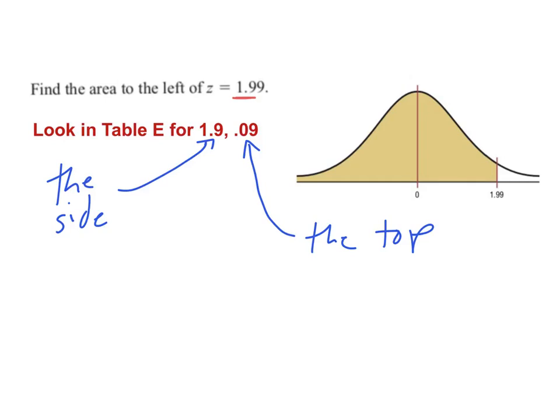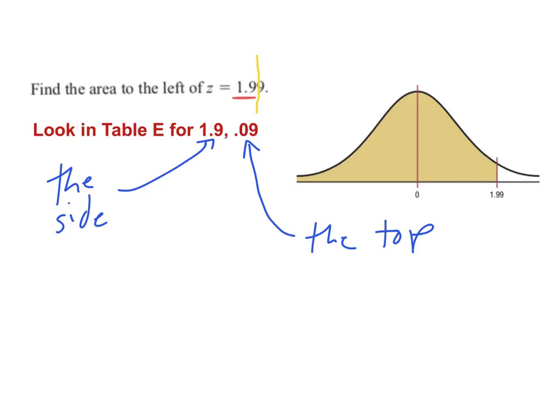In other words, right here is where the table splits, and that will always split like that. So the first digit past the decimal will be to the side, and then you will go across the top for the 0.09, because when I add those two together, I get 1.99.